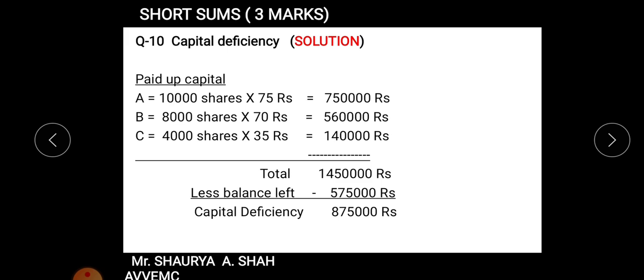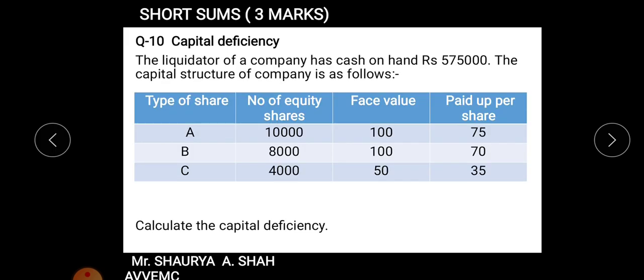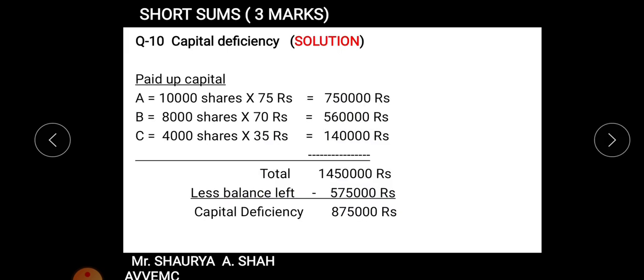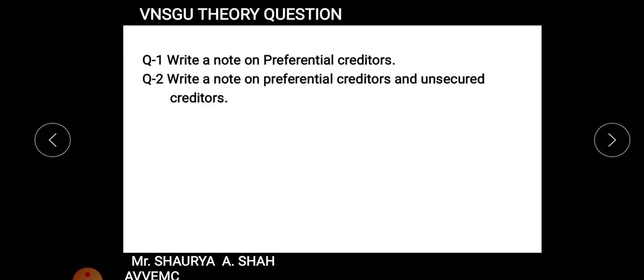Hope it's done, students. Fine. This was the question. If you want to note this down, I'll provide you with the notes in the Google Classroom. But if you want to note this down, you can note it down quickly, the values which are there. Fine, right? So we'll be moving on ahead. I hope it is clear to each and every student.